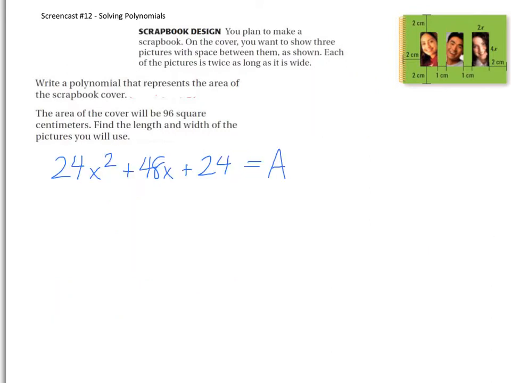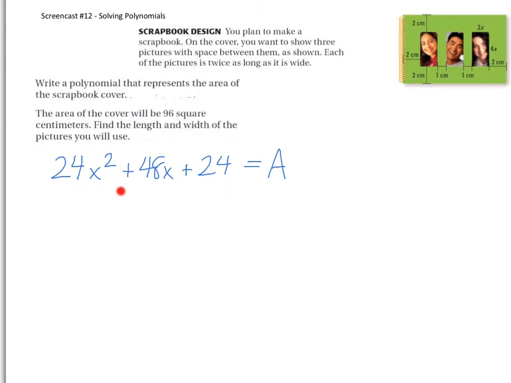You see, based on the polynomial we figured out just a few moments ago, we now need to figure out the length and the width of the pictures we will use. The area of the cover will be 96 square centimeters. That's extremely helpful. You see, we just created a polynomial that represents the area. It's this, 24x squared plus 48x plus 24.